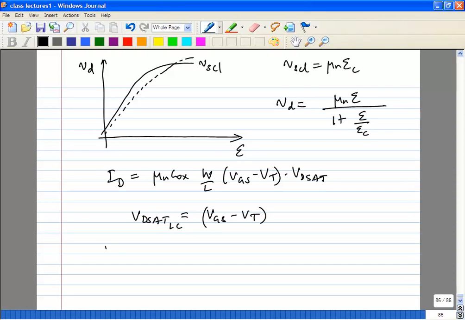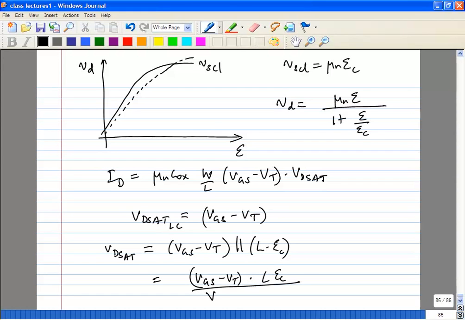In reality, a more accurate expression for your VD sat is VGS minus VT in parallel with L times EC.